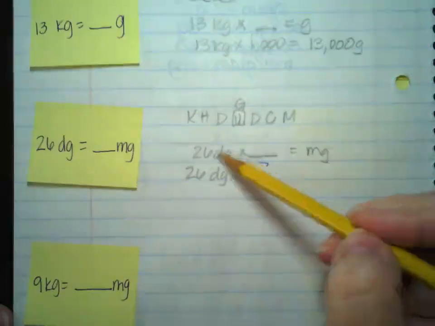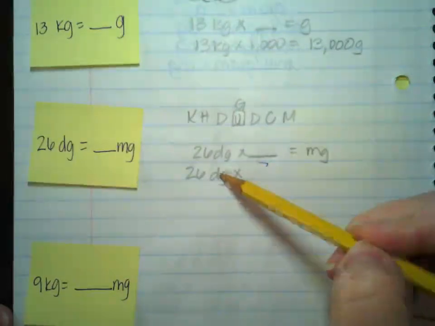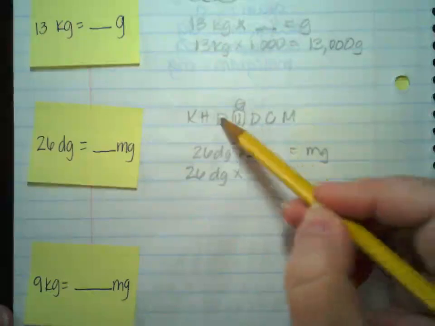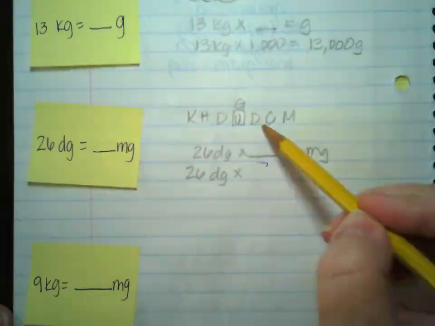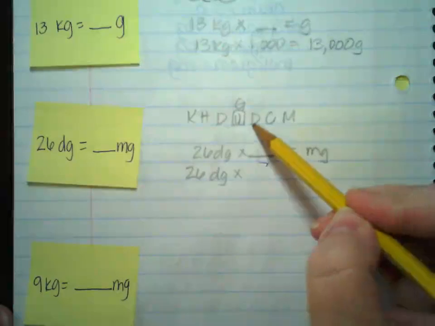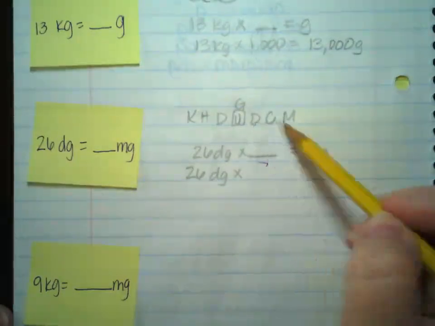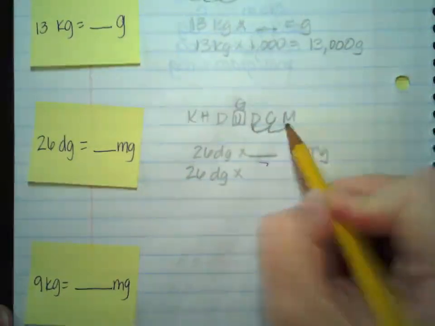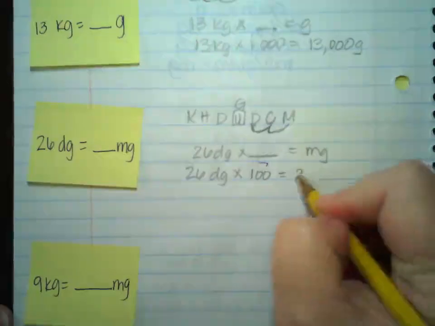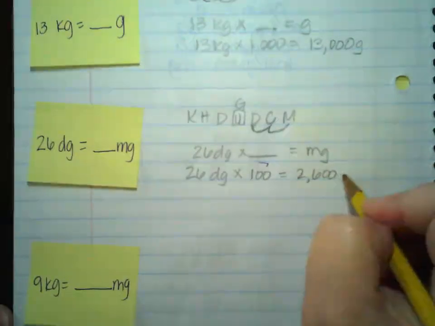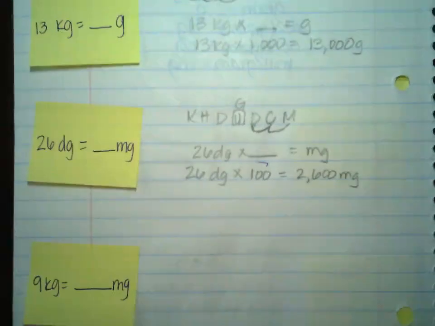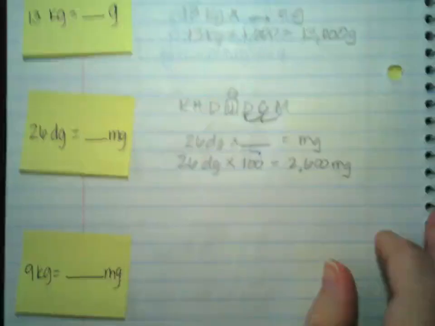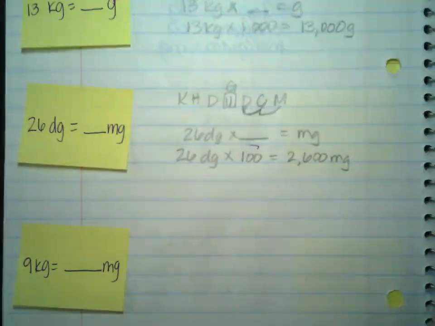So you should know that DG stands for decigram, not decagram. That's DAG, decagram. DG is decigram. This is where you're starting, decigram. And you're moving to milligram. That's times 10 times 100. Okay, so if you need to make any corrections to that, go ahead. If you're ready to move on to the next one, go ahead through your steps. Step 1, step 2, solve.